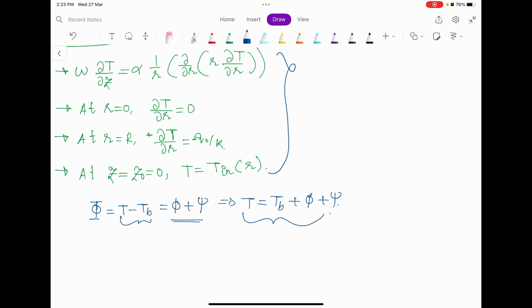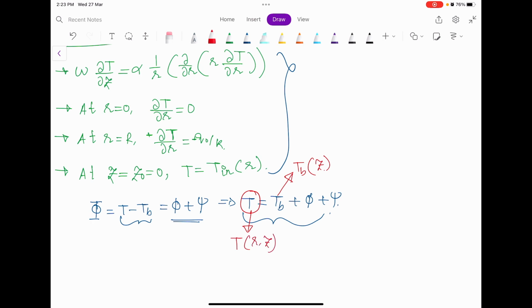So now I am breaking these three. This was earlier my only unknown variable. Now I have three unknown variables. I have shown you that this is the bulk mean temperature. Bulk mean temperature is already integrated over r, so it is only a function of z. But this t is a function of r as well as z.